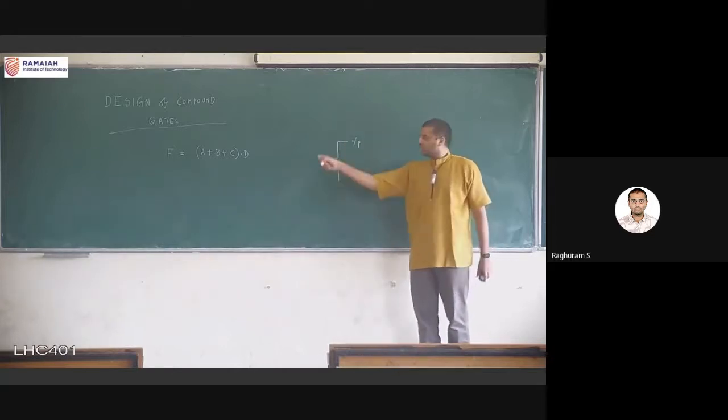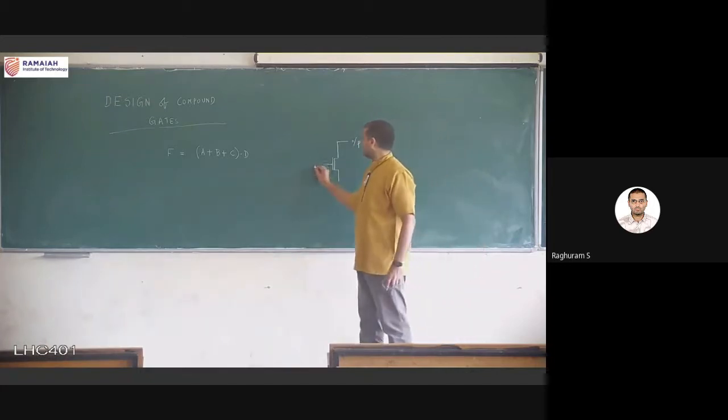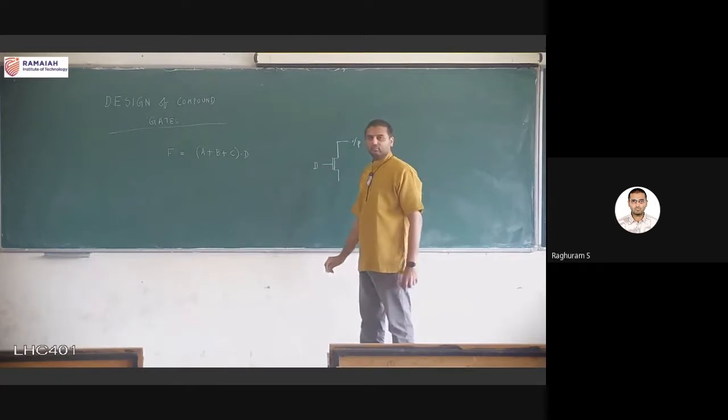One single transistor. If I write like that, what should be the input to this transistor? Definitely it will be D. Okay, and then I have the A plus B plus C term.